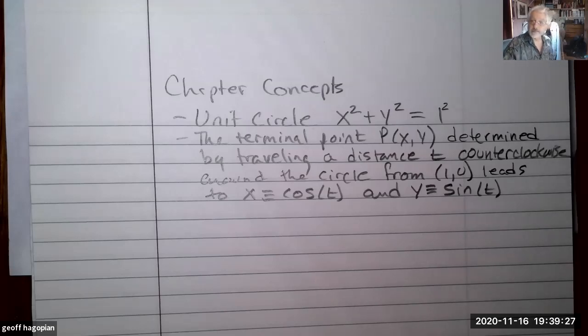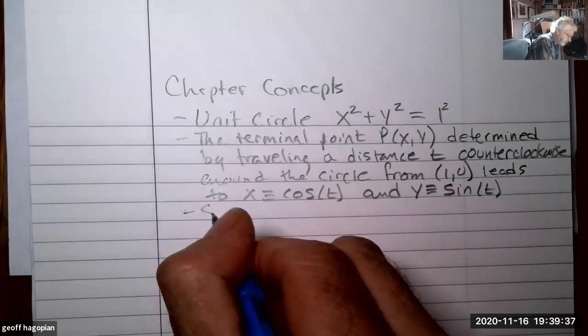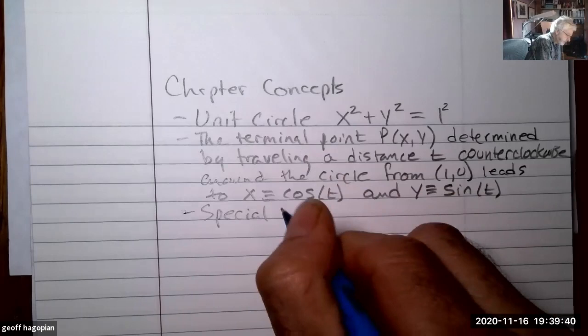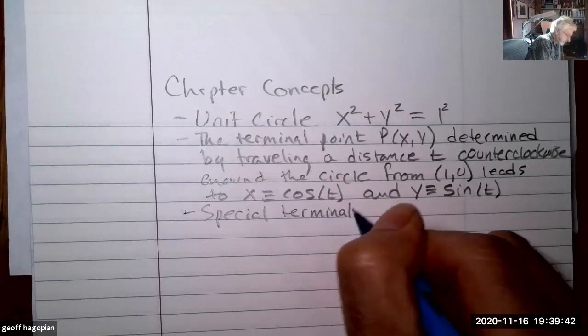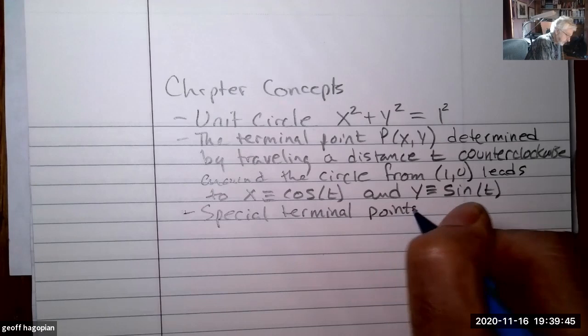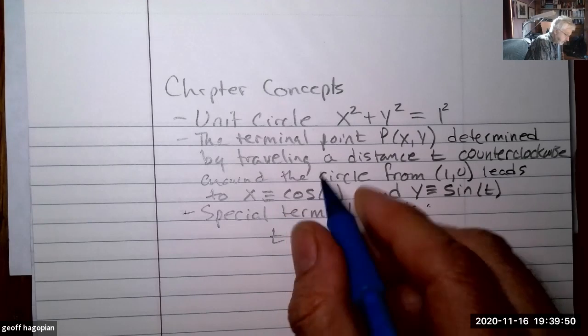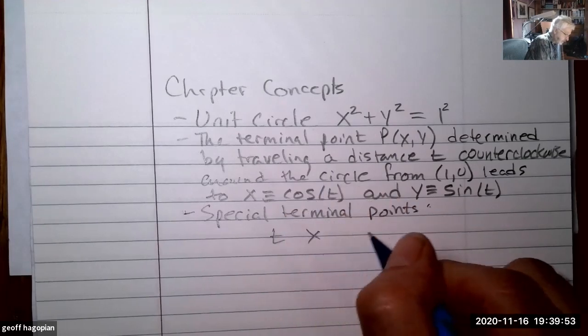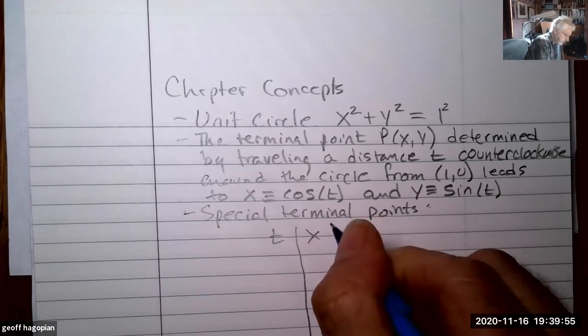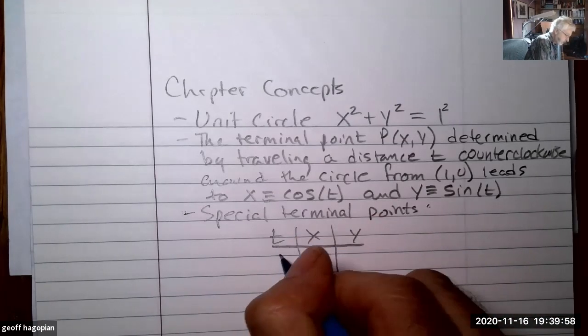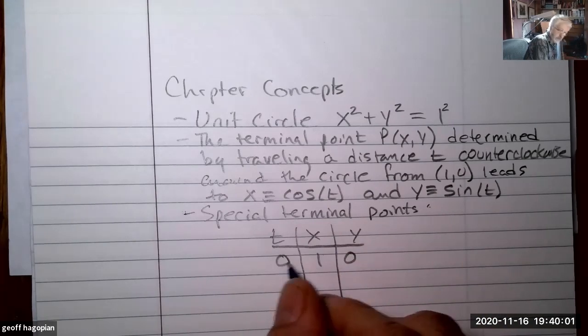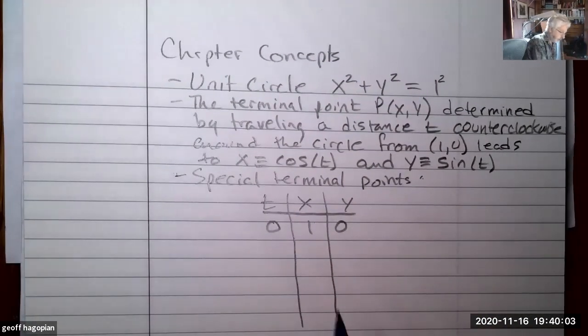So what are some special terminal points? Let's make a table, and we'll just do it in the first quadrant. We start here. If you don't travel any distance at all, then you're at 1, 0.